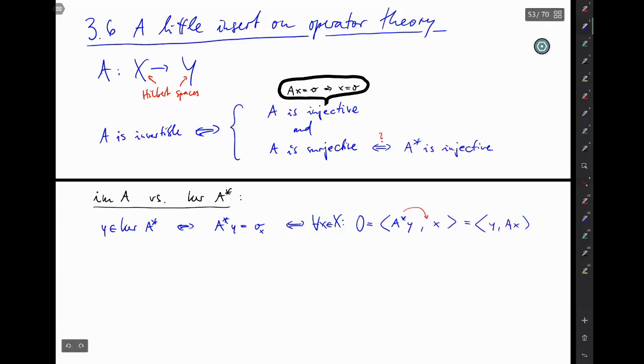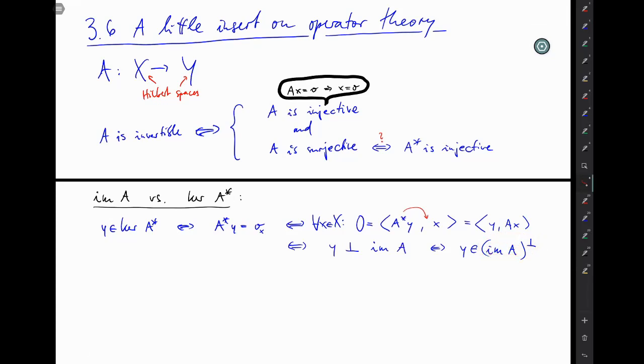So you could as well say that y is orthogonal to the image of the operator A. Or you could use this shorthand for orthogonal subspaces, where this here is just the space of all vectors that are orthogonal to the set, in this case also a space, in brackets.